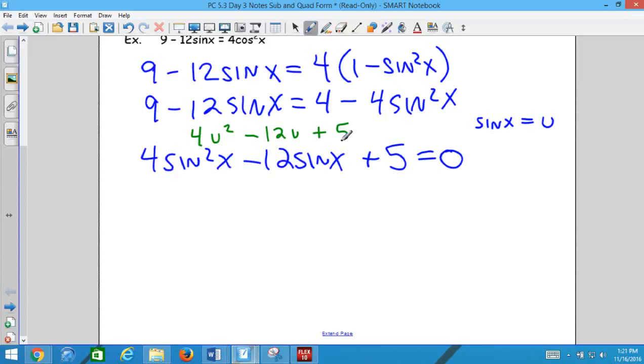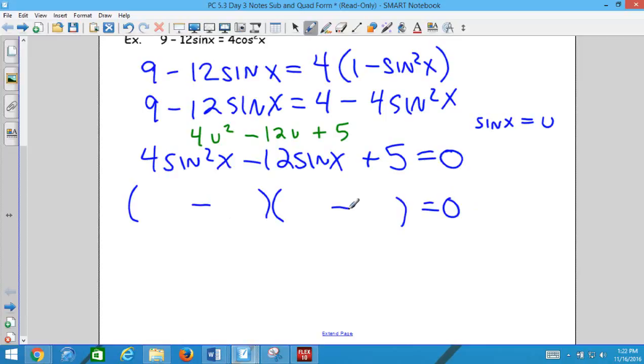How do we factor 3 terms? Guess and check. 2 parentheses, guess and check. If I look at the plus 5, that tells me that both of the signs are going to be the same. If I look at the minus 12, that tells me that both of the signs are going to be what sign? Negative. So I know that.